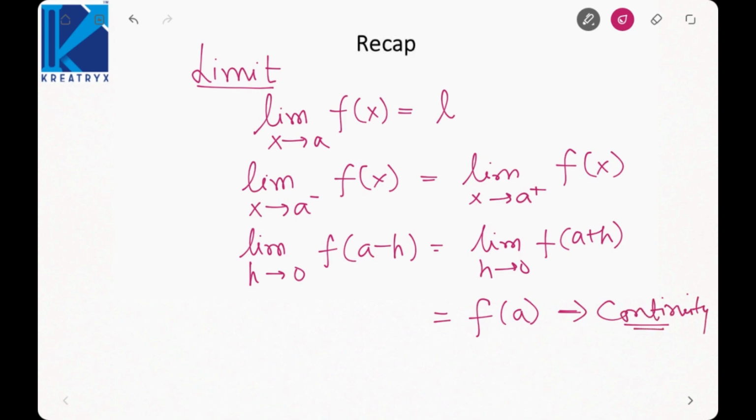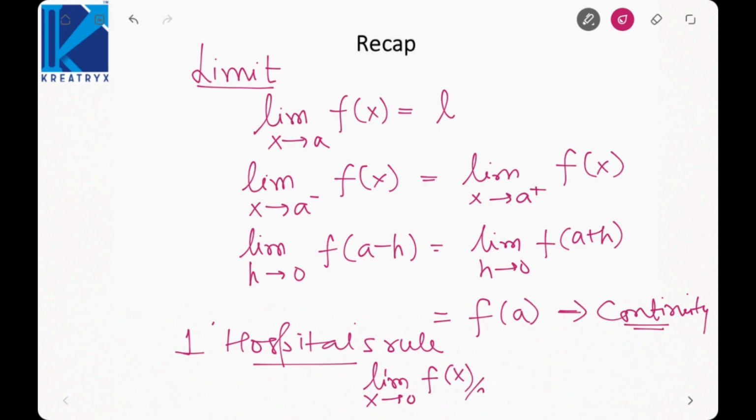I also told you that whenever there is an indeterminate form, we use L'Hopital's rule to derive the limit. In that, the limit as x tends to a of f(x) by g(x) is equal to the limit as x tends to a of f dash x by g dash x, in case you have the form 0 by 0 or infinity by infinity.